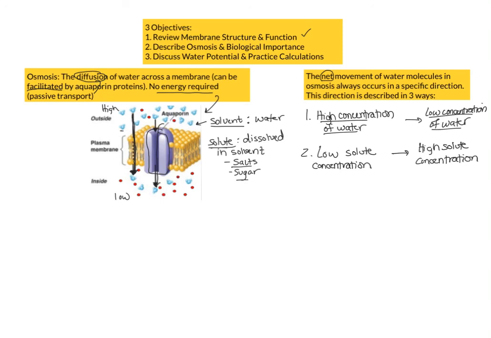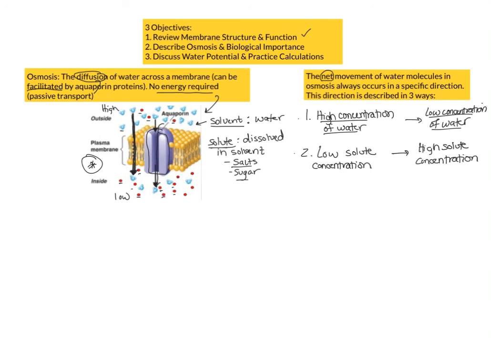And when we look at this figure, osmosis is occurring, the movement of water is occurring from a location where there are low levels of solute to an area where there are high levels of solute. Just look at the water molecules, and you can see that the first and second ways are saying the same thing, just in a different way.